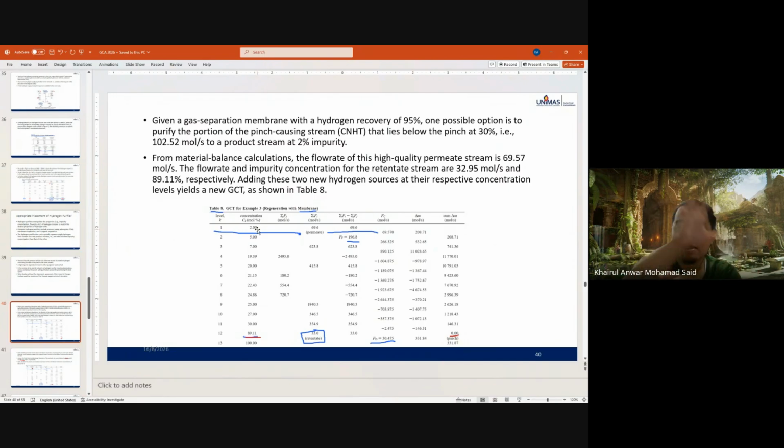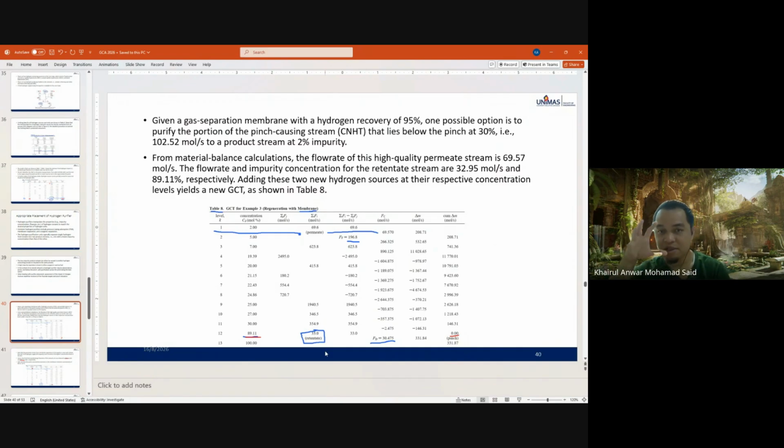The remaining inside the membrane system, which cannot go through, we call the retentate, and the impurities are very high, very concentrated at 89.11%. The retentate still has hydrogen inside, but with a lot of impurities.